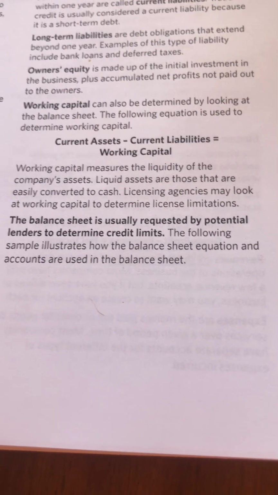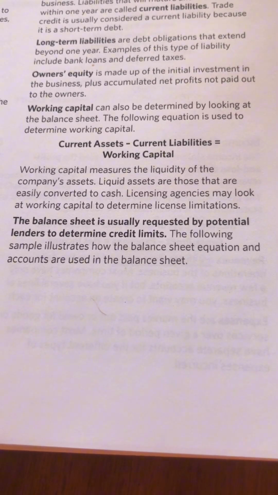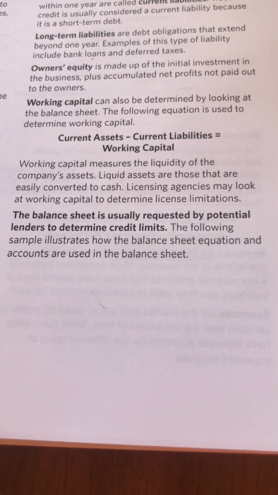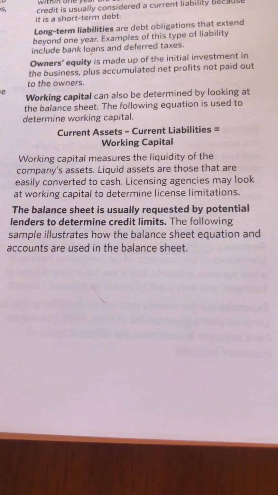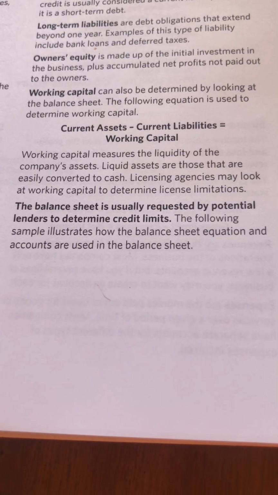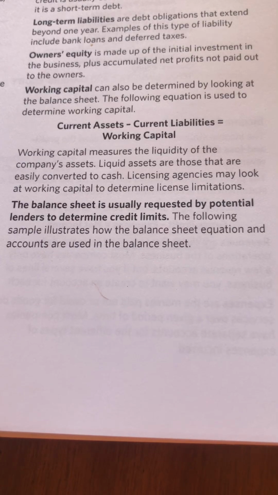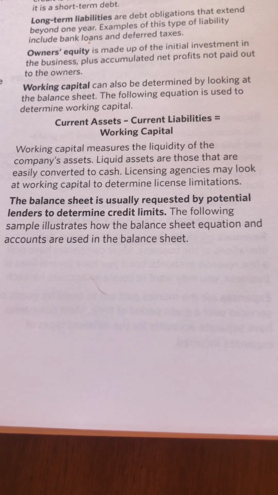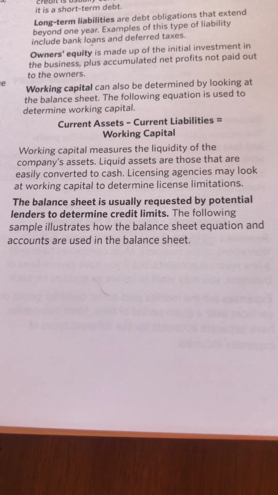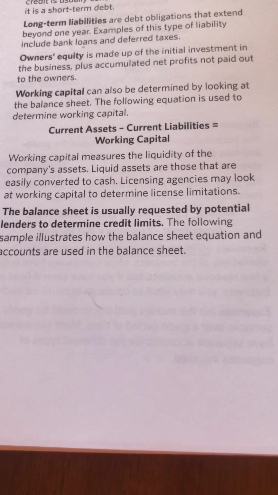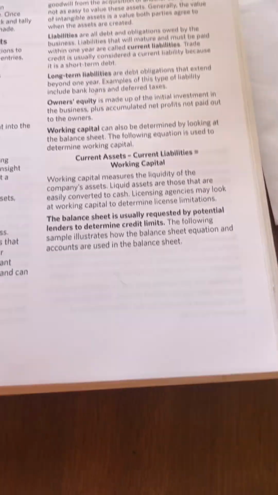The balance sheet is usually requested by potential lenders to determine credit limits. The following sample illustrates how the balance sheet equation and accounts are used in the balance sheet.